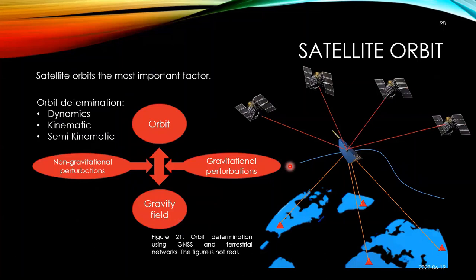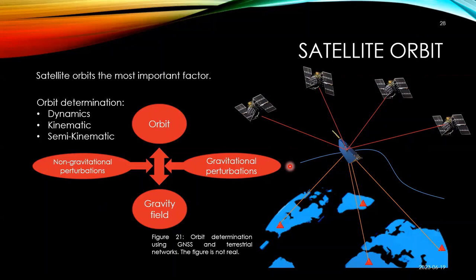The first thing which is important for any space or satellite geodesy or satellite gravity is the orbit. This orbit, as you see in the figure, can be determined from ground stations, like for example SLR and the DORIS system that I already explained, or even from higher orbiters like the GNSS system.